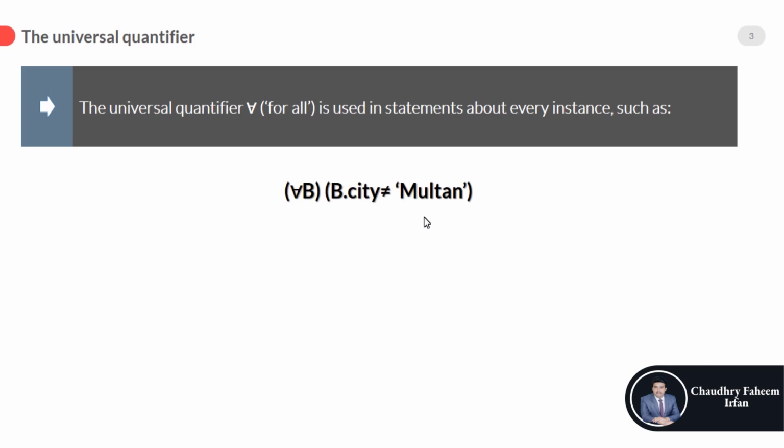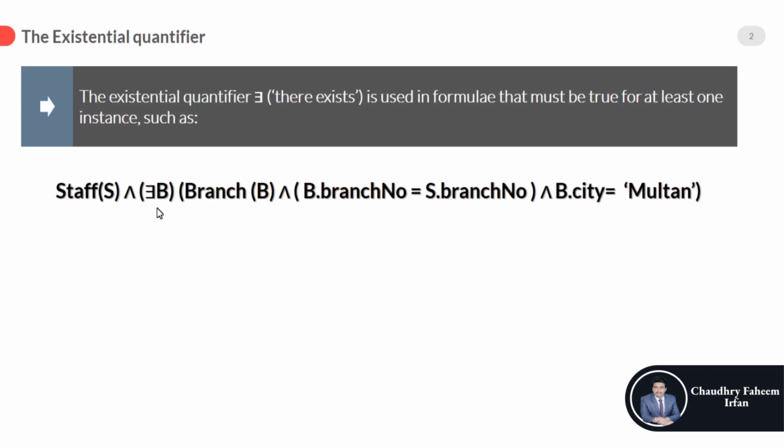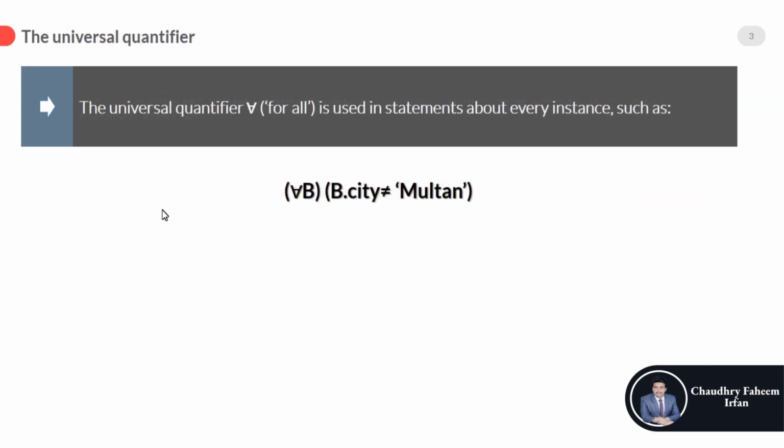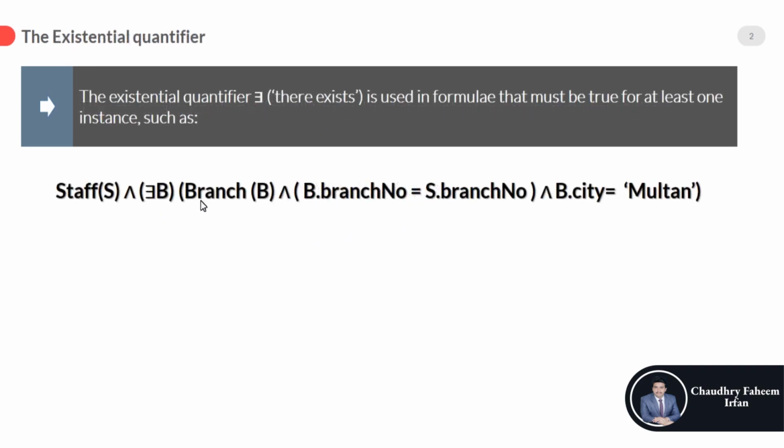Tuple variables that are qualified by a universal quantifier or an existential quantifier are called bound variables. Otherwise the tuple variables are called free variables, like S is the free variable and B is the bound variable.